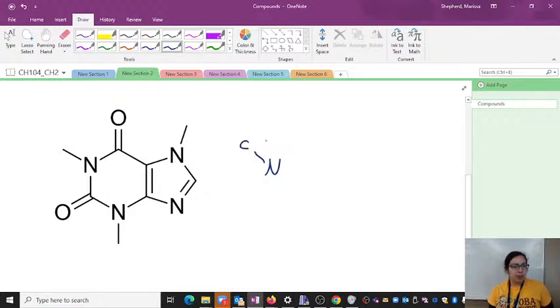So this is a carbon, and carbon always has to have 4 bonds. We don't always draw in the hydrogens, and that's what's actually represented. Double bonded to oxygen, that's a carbon here. Nitrogen attached to another carbon, otherwise known as a methyl group.